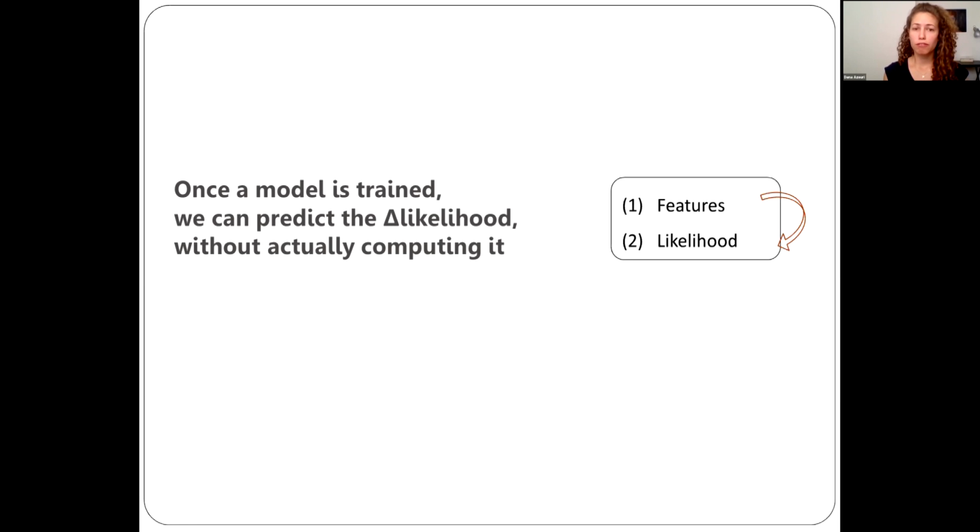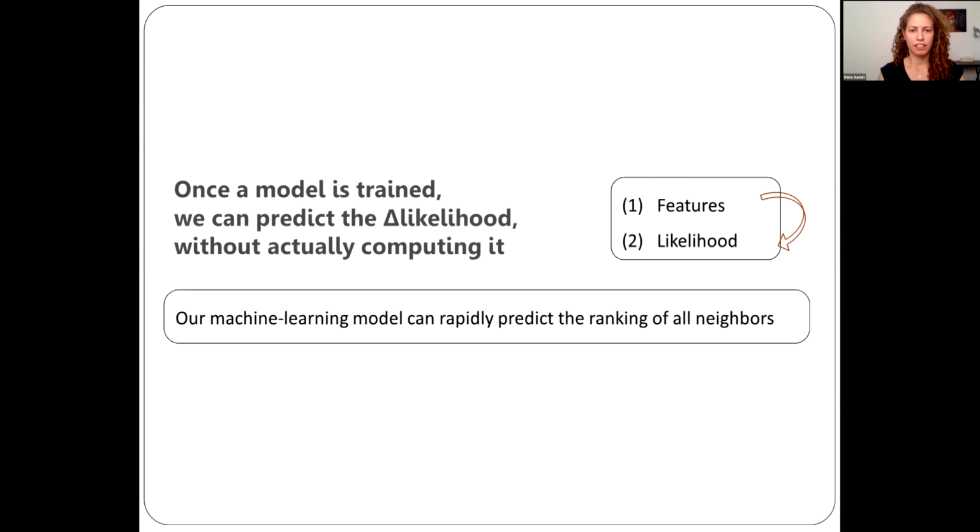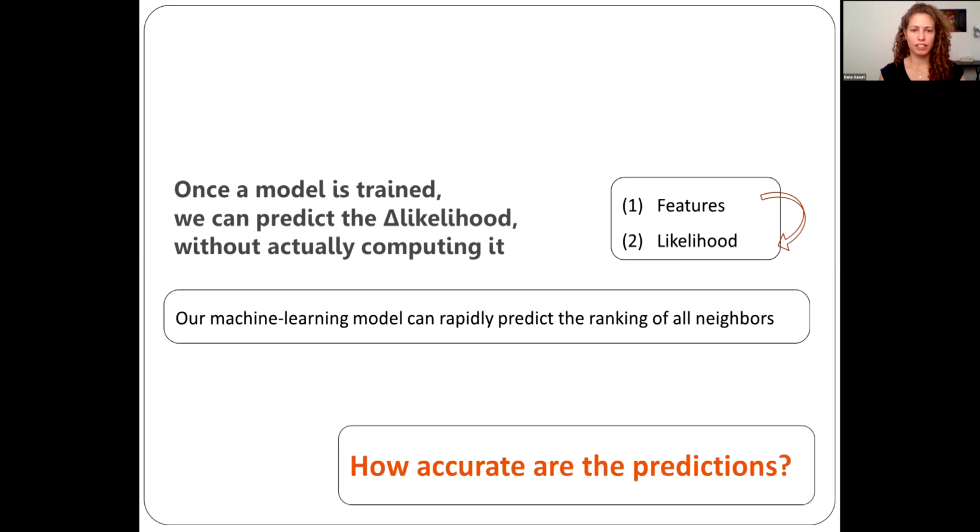And this could be beneficial, because in this way, if we succeed, we can rapidly rank the neighboring trees. But now we must ask, is this fast ranking procedure also accurate? In other words, how accurate are the predictions when we apply the model on unseen data?